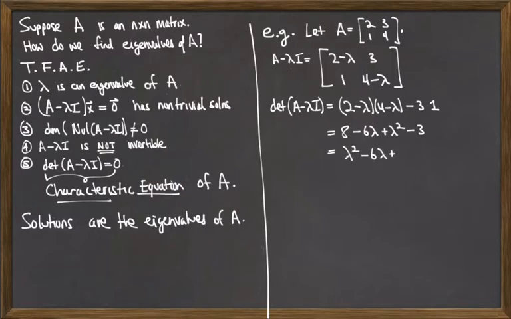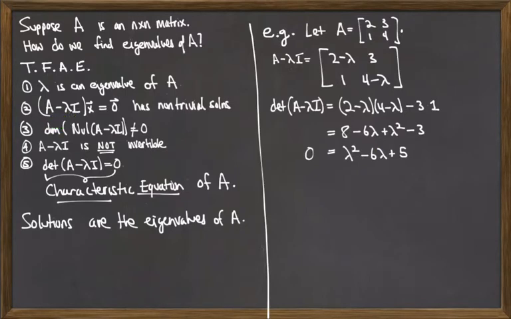And then let's just collect like terms, putting things in order. Lambda squared minus 6 lambda plus 5. We want to know when this is 0. If this is 0, then lambda is an eigenvalue because it will make this matrix non-invertible, and therefore its eigenspace non-trivial, giving solutions to the homogeneous equation.